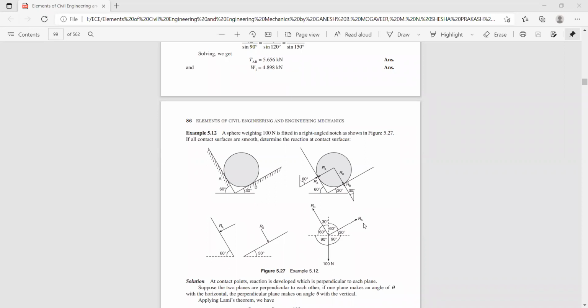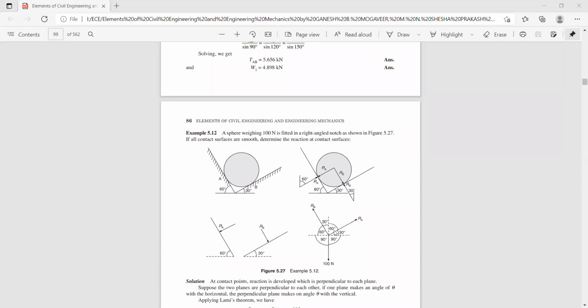So you get RA in terms of RB: RA is equal to RB cos 60 divided by cos 30.